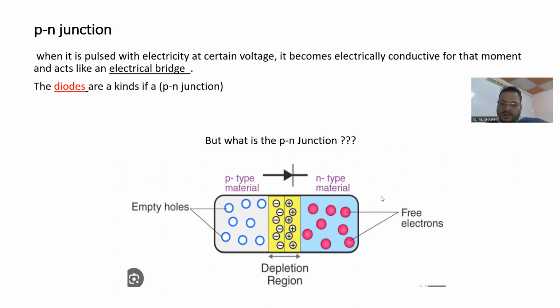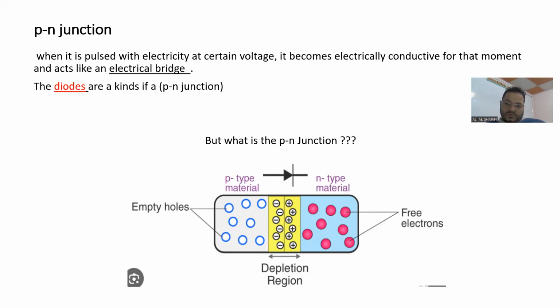Here, we will use an element that has extra electrons in the last shell, because it will donate them to this side so it is full of electrons, to be N-type. Here, the element I use will take electrons from this side to reach the stability level.